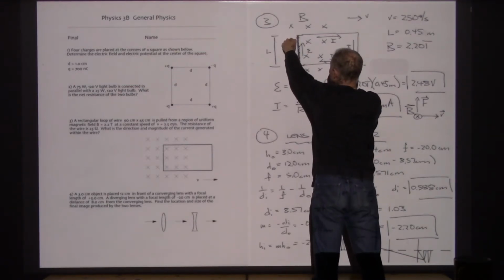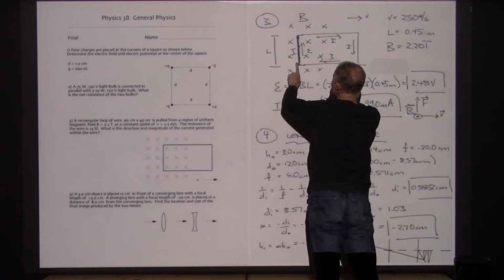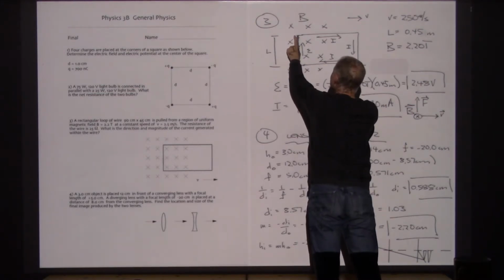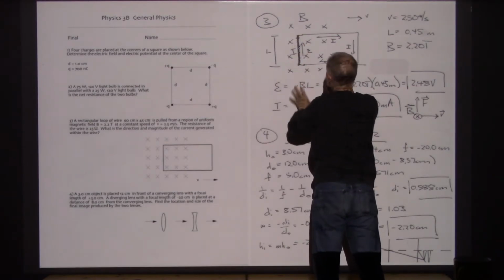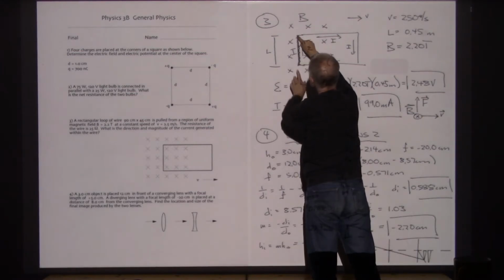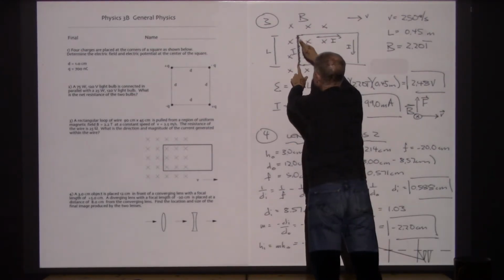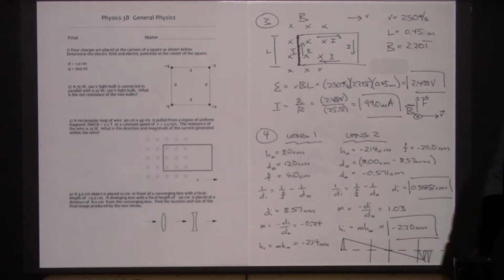So the electrons are moving this way, but the current, I, we define in the opposite direction. So the EMF then is being driven in this direction. If this were a battery, this would be the positive terminal, that would be the negative terminal. Okay. Questions on that?